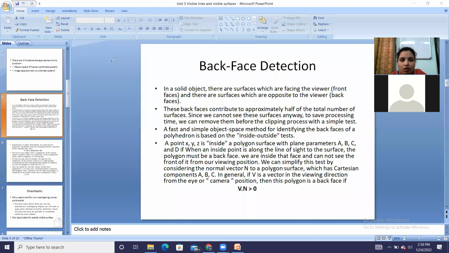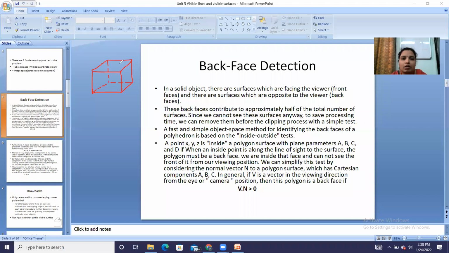right? So we will consider a cube for that purpose. I will draw a cube here. I'm going to draw a normal on this cube for one surface, which I want to check whether it is a visible or hidden surface.